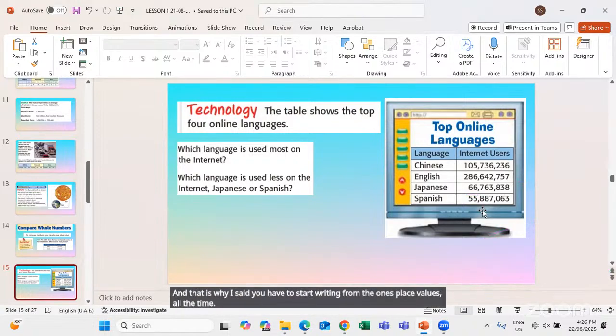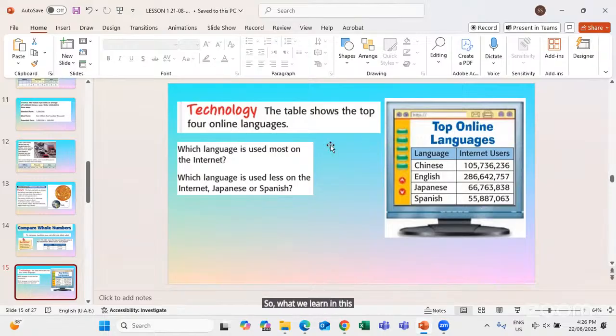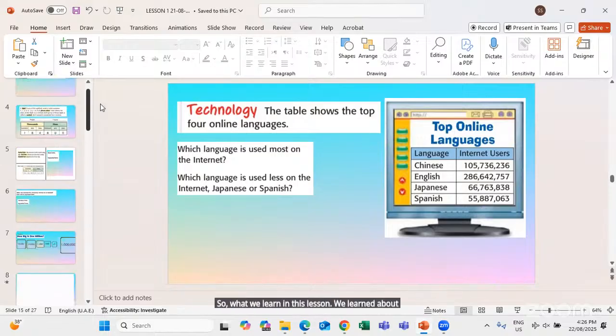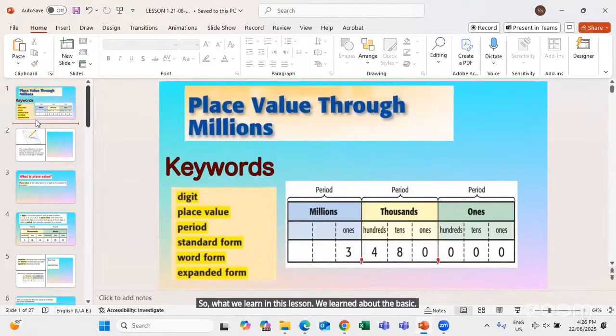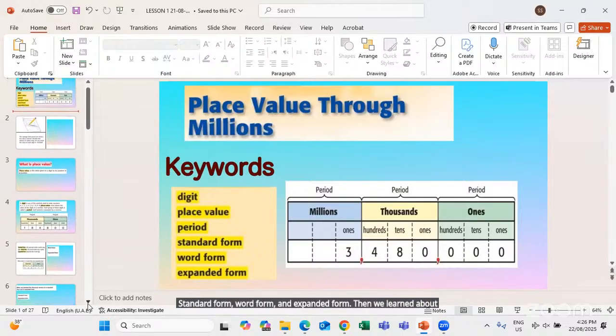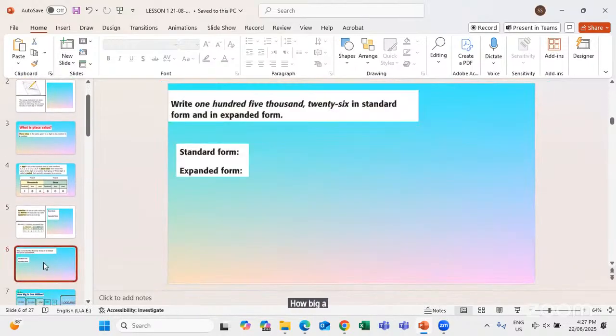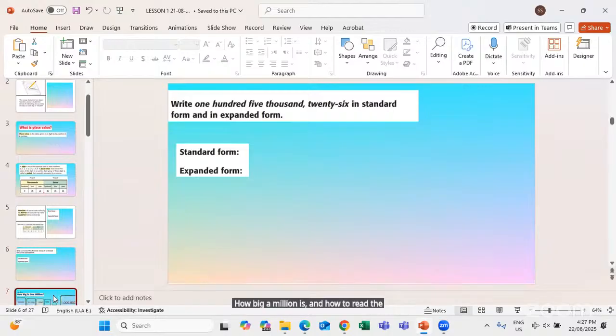So what did we learn in this lesson? We learned about the basic information like what is the meaning of digits, place value, period, standard form, word form, and expanded form. Then we learned about how big a million is and how to read the numbers in millions.